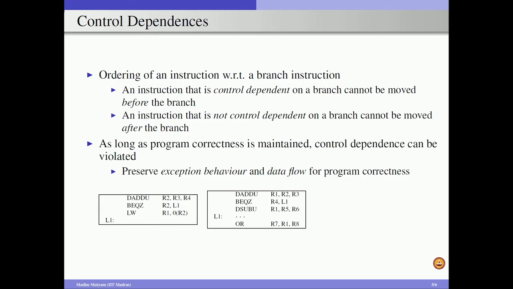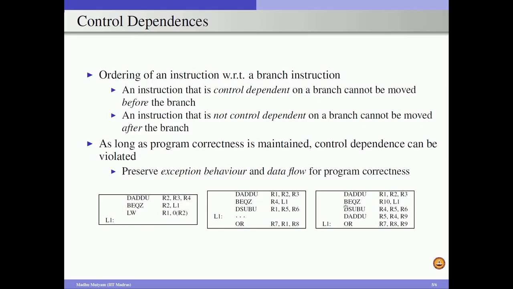And finally, we consider another example. Here we have an add instruction which is supplying the value to the R1 register, and there is a branch instruction which is checking whether R10 has the value 0 or not, and if it is 0, then we go to the instruction labeled by L1, that is an OR instruction, which performs the OR operation on the R8 and R9 contents, and the result will be stored in R7.